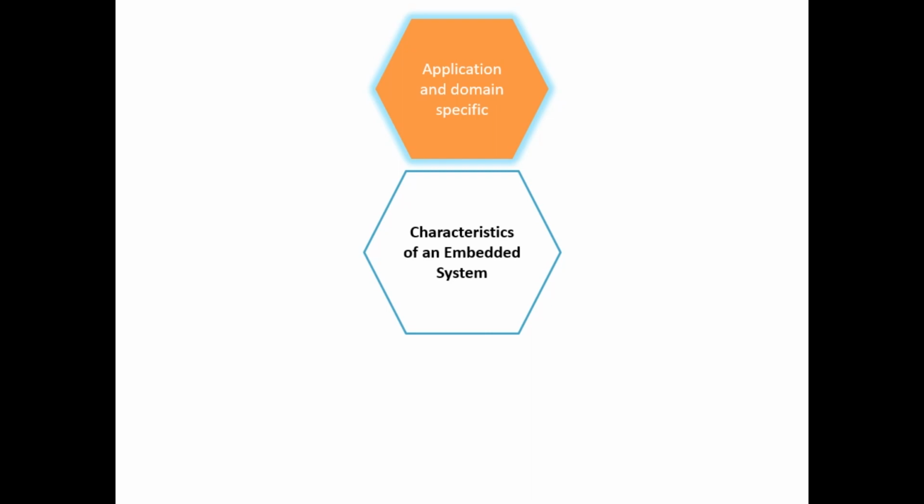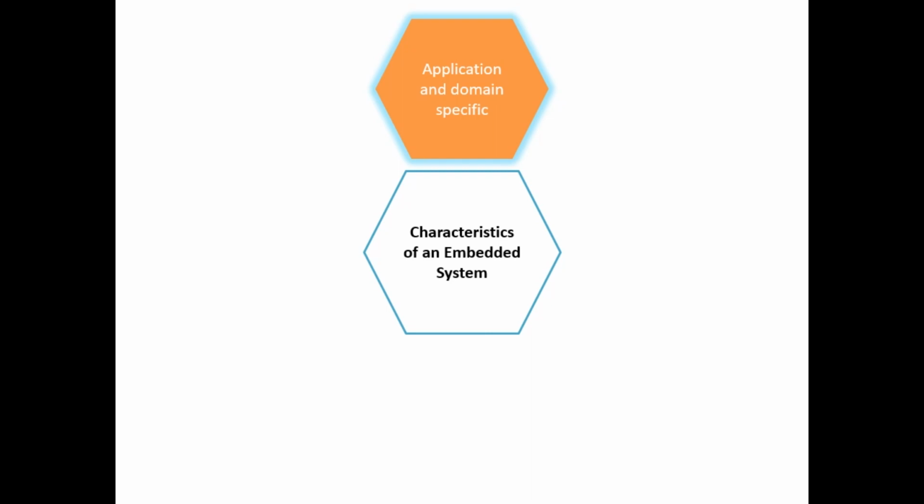They cannot be used for any other purpose. While comparing embedded systems and general purpose systems, we have discussed this. So it becomes a major criterion which distinguishes an embedded system from a general purpose computing system.